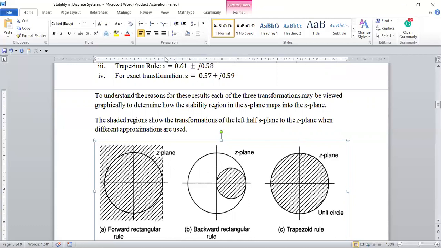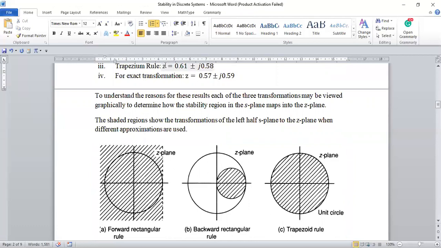Then for the trapezium rule, if you remember when we did that class, I said that the trapezium approximation is the best approximation. And looking at this figure C, we can see that the region of stability is exactly the unit circle. So the conclusion is that the trapezium rule gives the best approximation because you are totally within the unit circle.